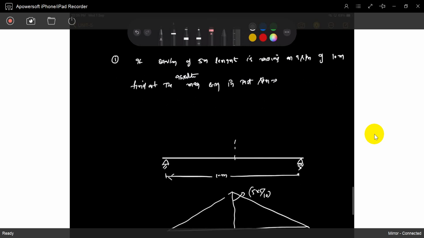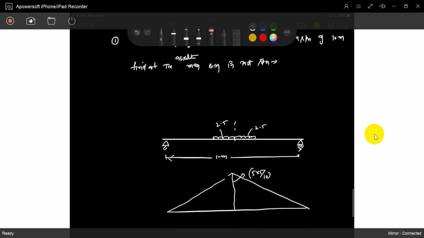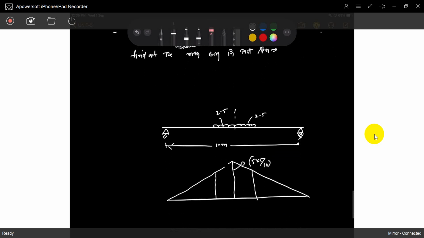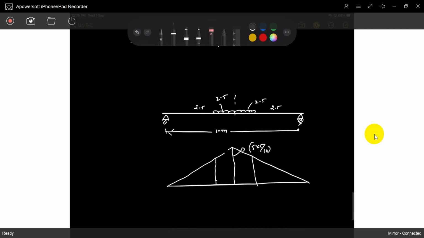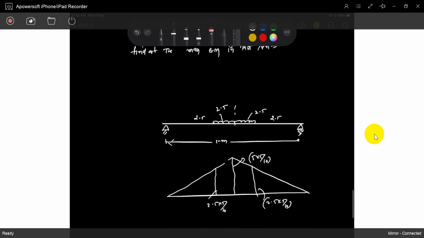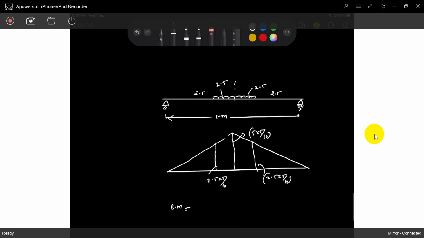We have to arrange the uniformly distributed load exactly symmetric about the center: 2.5 on this side, 2.5 on that side, and 5 over the 10 meters. You will get the maximum bending moment. Write down the maximum bending moment.